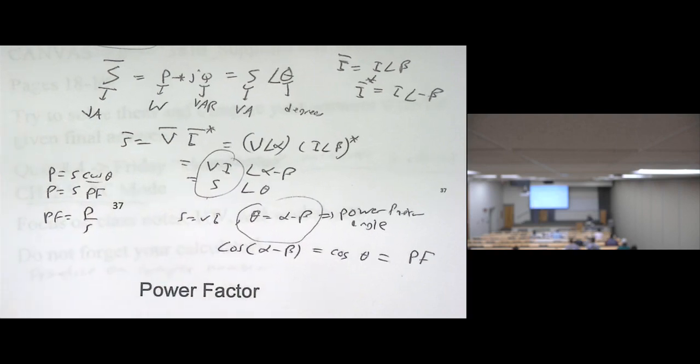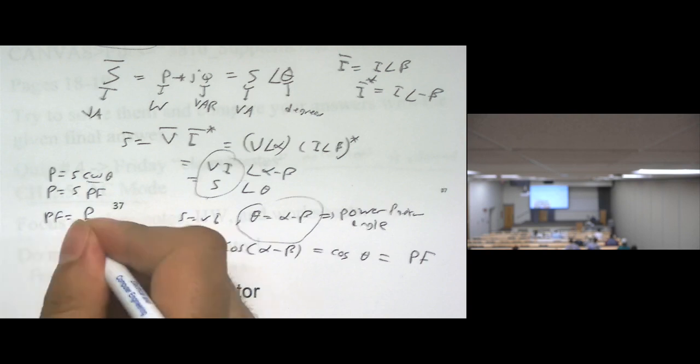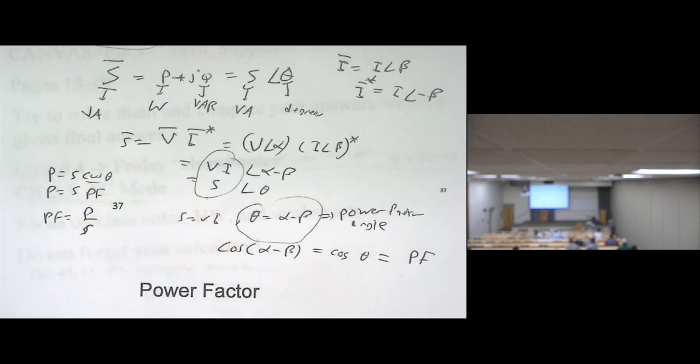So we have different formulas for power factor. We can use the real power and apparent power. Note that S is apparent power. It's not S bar, it's S, which means apparent power, not the complex power. Again, you need to distinguish between the complex quantity and the magnitude quantity. If there is a bar, this is the complex quantity.